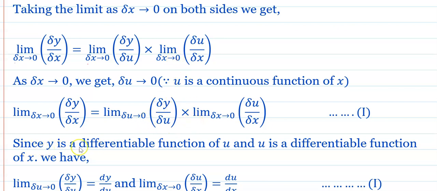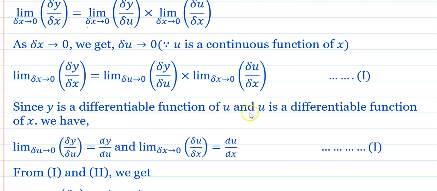Okay, since y is a differentiable function of u and u is a differentiable function of x, y contains u, u contains x, and therefore limit delta u tends to 0, delta y by delta u is equal to dy by du. This is one. Next, limit delta x tends to 0, delta u by delta x is equal to du by dx.